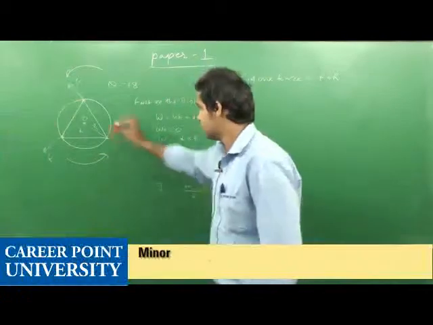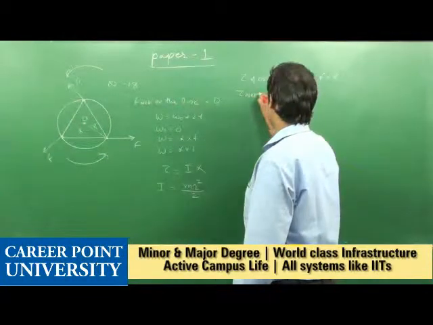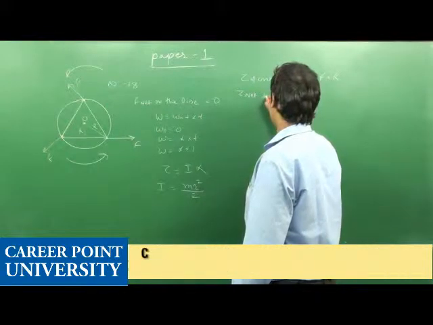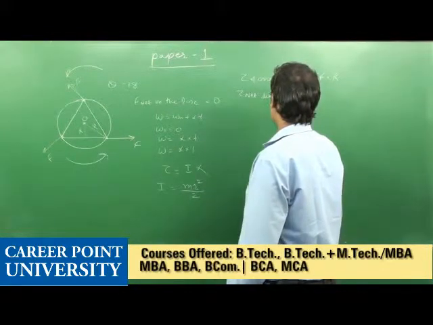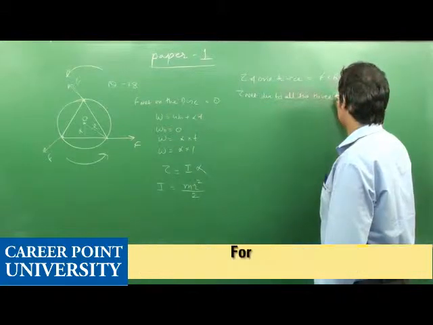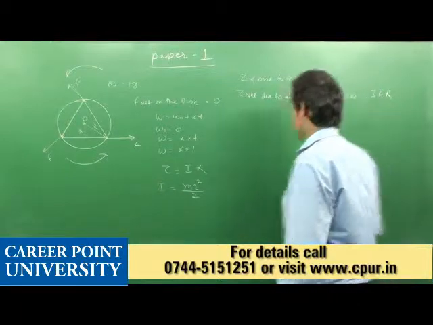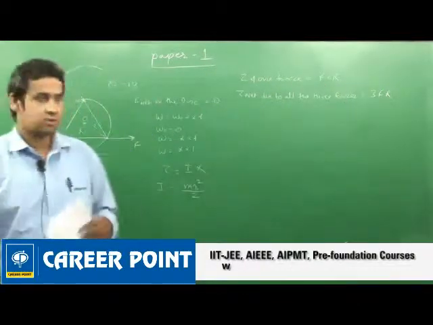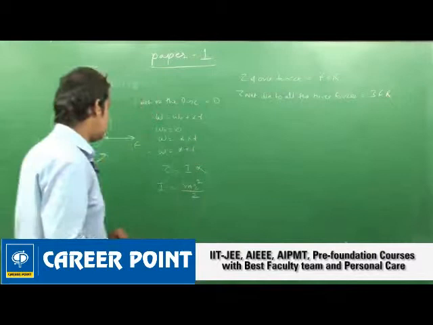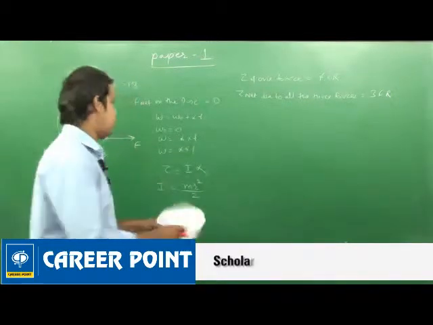All have the same axis of rotation. So what is the net torque? Net torque will be the torque due to all three forces, which is 3FR. This is the torque because of the three forces.